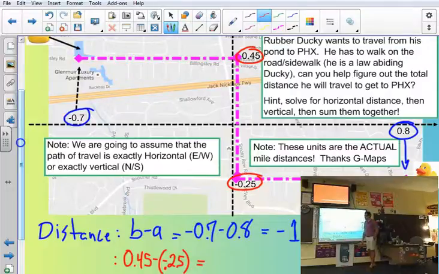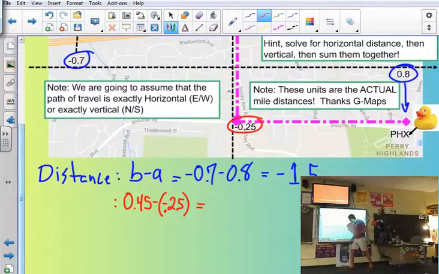Now wait, minus a negative. How do I minus a negative? How do I take away a negative value? Seeing who remembers what we did last week. Xavier? Minus a negative is plus a positive. So these join up with each other to make addition.